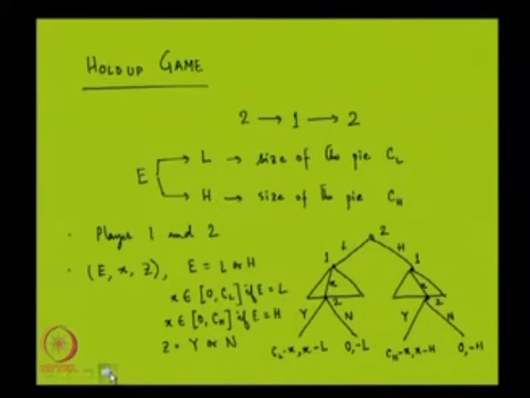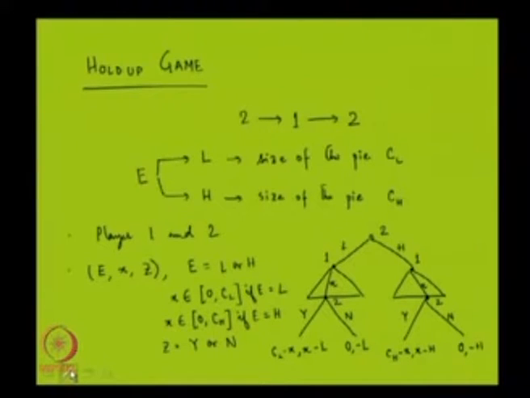Now let us look at the player function. It is player 2 who moves first, then player 1 moves, and then player 2 moves for all X. And finally, preferences. What is the kind of preference that we are having here? These are given by this pair of functions.